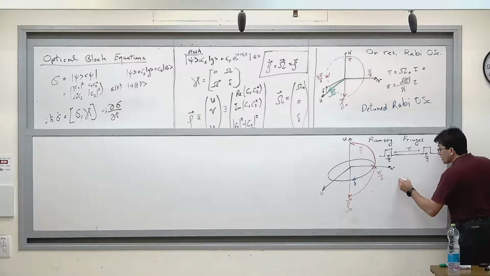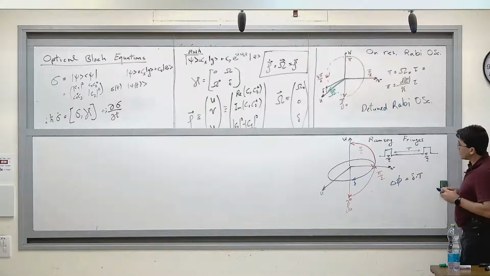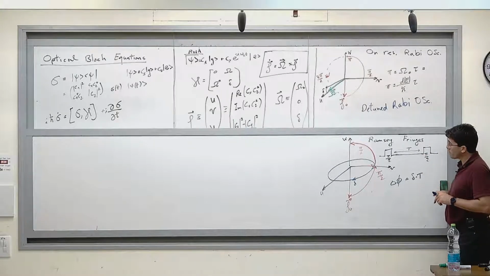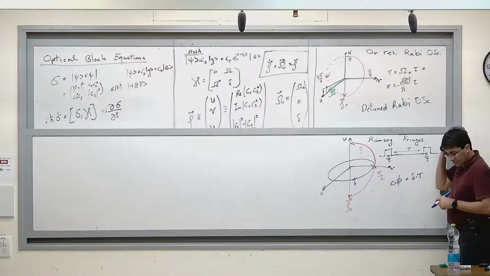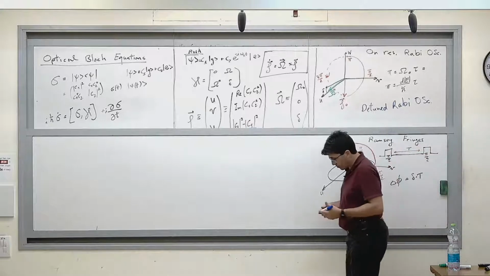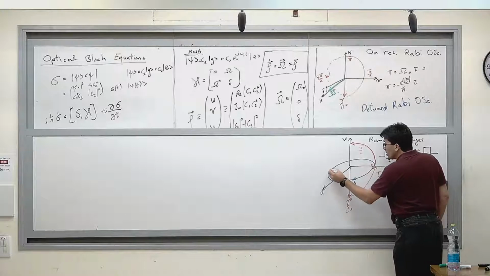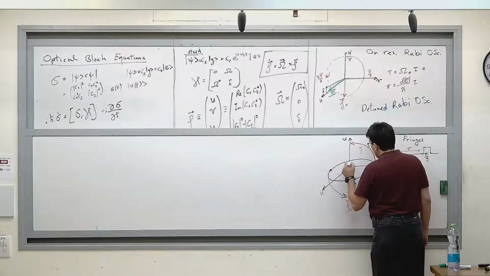So the phase difference delta phi is delta times t, the time that is waiting between the 2 pulses. And if delta times t is, let's say, pi, then we'll move from here to here. And instead of going up, we'll be going down.